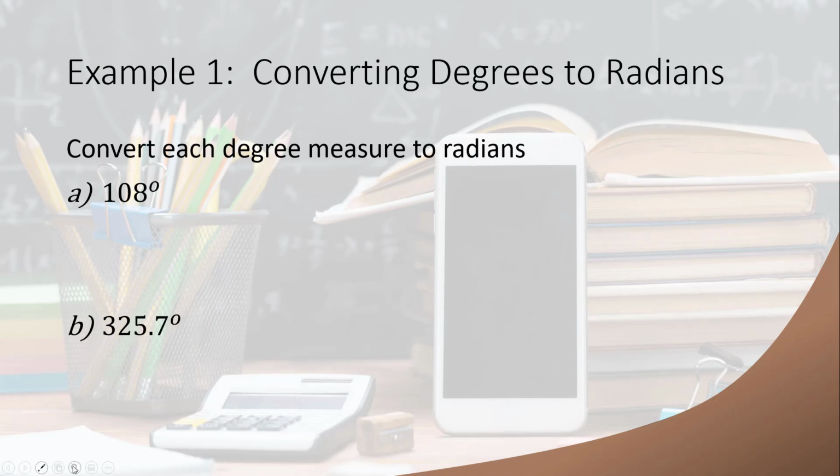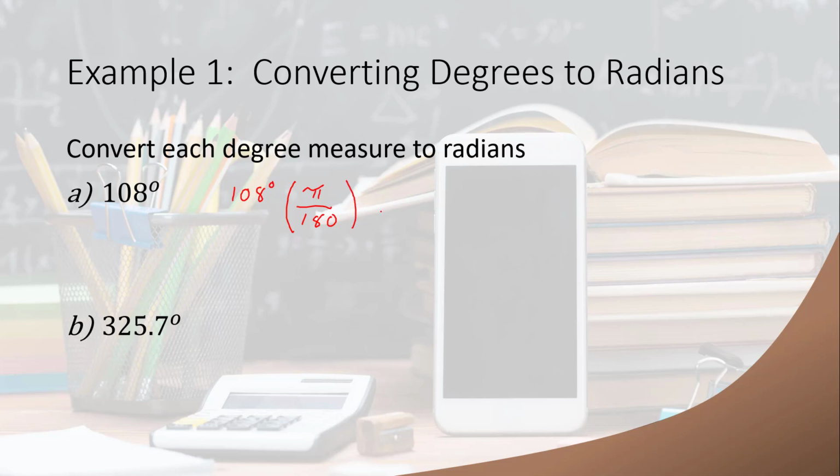Our first little chore is going to be to convert these 2 degree measures into radians. Now, in the first one, we can come up with an exact value for radians. Remember, to do the conversion, we take our degree measure, which is 108 degrees, and multiply it by pi divided by 180.